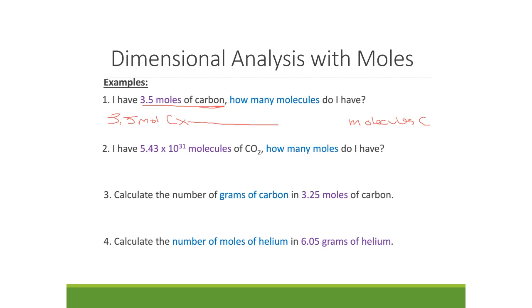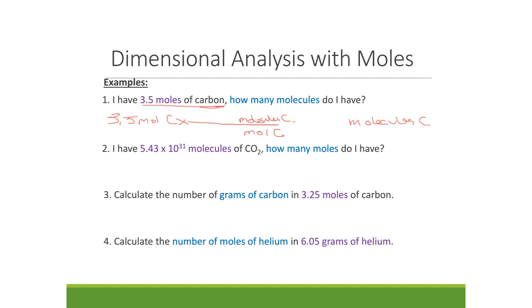Now, the unit that you start with, moles of carbon, we need to cancel that out. So I'm going to take that unit and bring it to the bottom of my fraction because that's what's going to cancel out that unit. So I'm just going to write moles of carbon on the bottom. And then the unit I'm solving for is molecules of carbon. So I'm putting molecules on top.